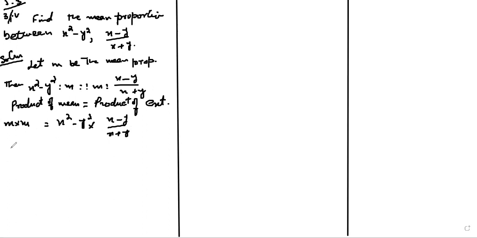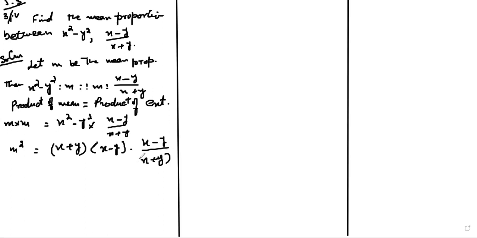So we have m square equals, factorize x square minus y square as x plus y times x minus y, and the second factor is x minus y over x plus y.